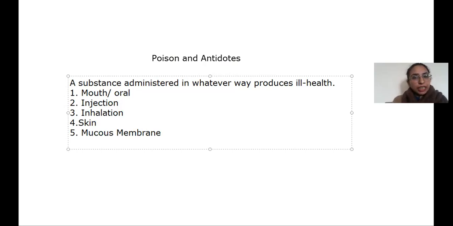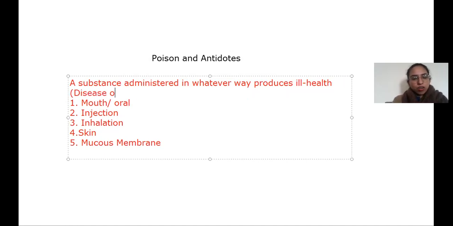Okay, ill health means it can produce disease also. It can produce death also. That can be any ill effect. Ill health means it can be disease or death.